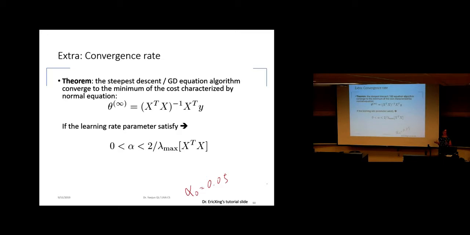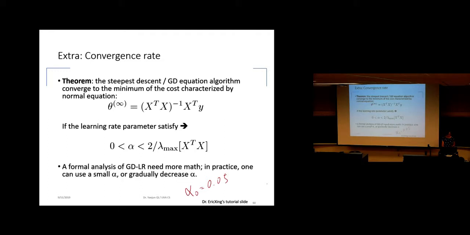You can actually prove it, as long as this is satisfied. Alpha is the learning rate, and I hope you understand what lambda max is here. I'm not going to cover it, but there are a lot of papers about this, so feel free to check them out. So this is everything I want to cover in the optimization of linear regression.